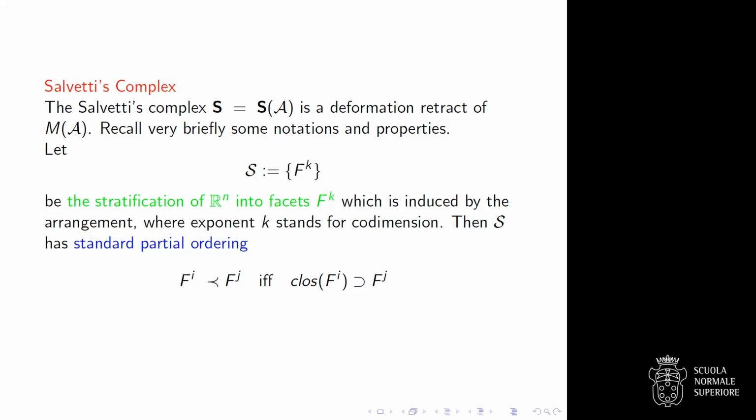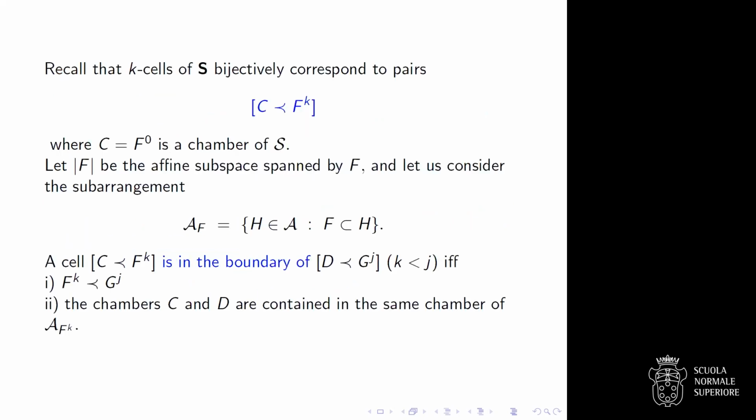Consider that this construction is dual, so you can really play with it because there are a lot of dualities going on here, which is one of the reasons this has been generalized in many cases. Now let's see what a cell of this complex is. The cells are related to the stratification, which is the reason why to build the Salvetti complex we need a real underlying structure.